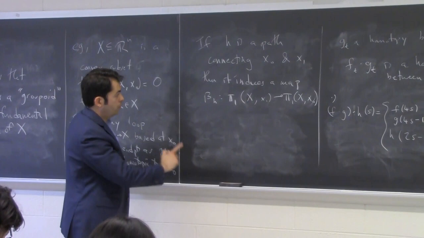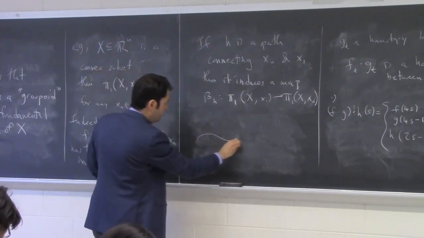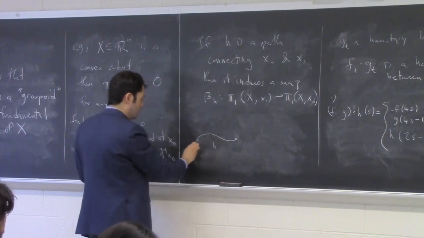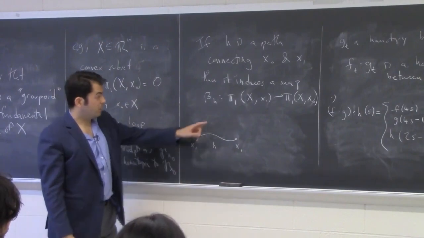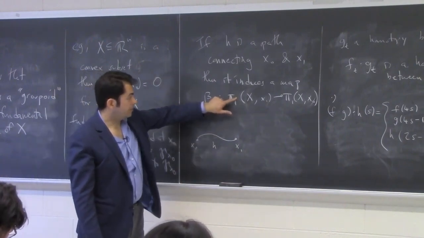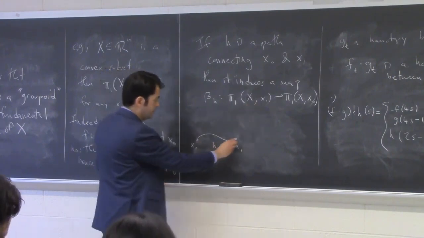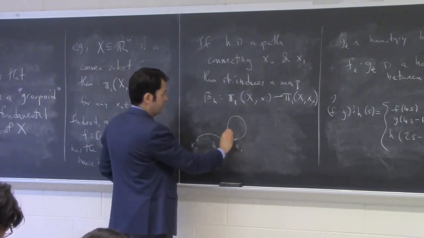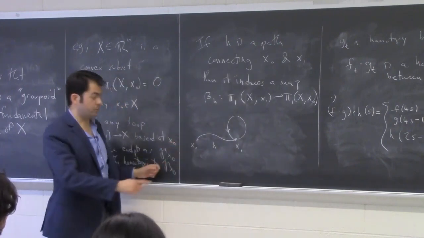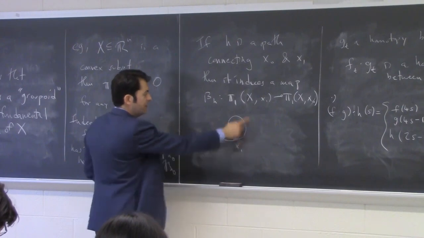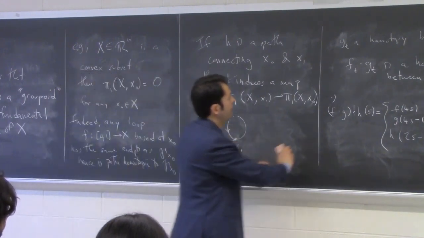So what's the picture? I have a path, H, that starts at x0 and ends at x1. And then I want a map from here to there. So you give me a loop based at x1, I have to give you a loop based at x0. Of course, the loop is: first do H, then do that loop, then go back.